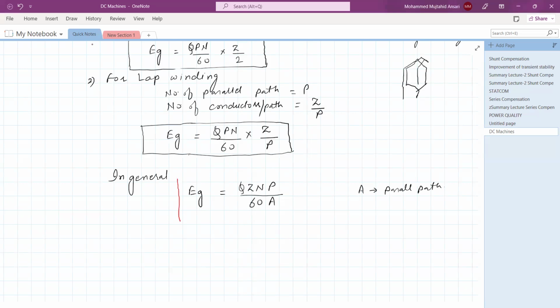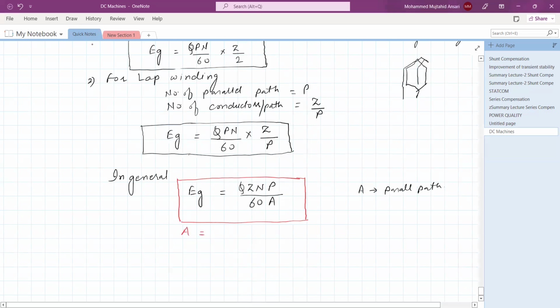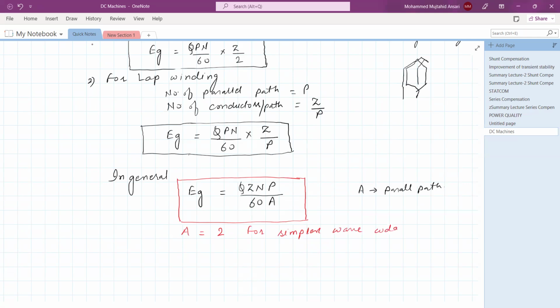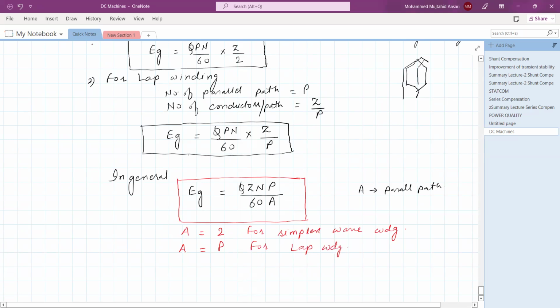A is equal to 2 for simplex wave winding, whereas A equal to P for lap winding, isn't it?